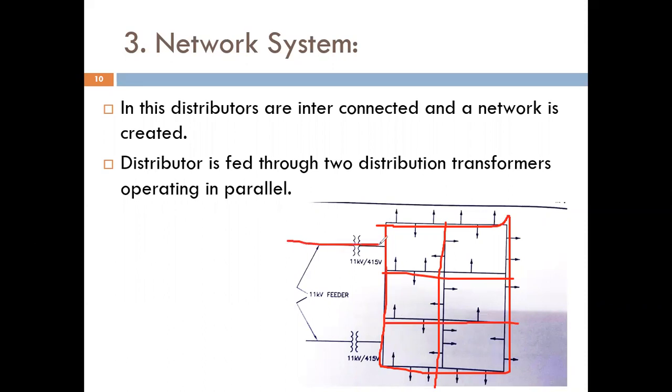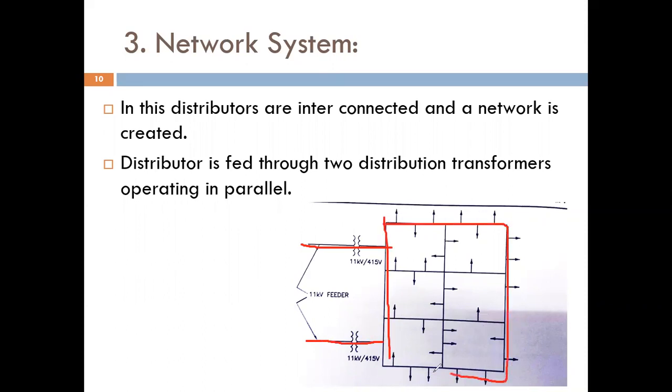When two input feeders are connected to all distributors, and supply is connected to one feeder and also to the other feeder, then all the distributors are connected to each other and supply is distributed to all consumers using this network distribution system. This type of system is used in recent times.